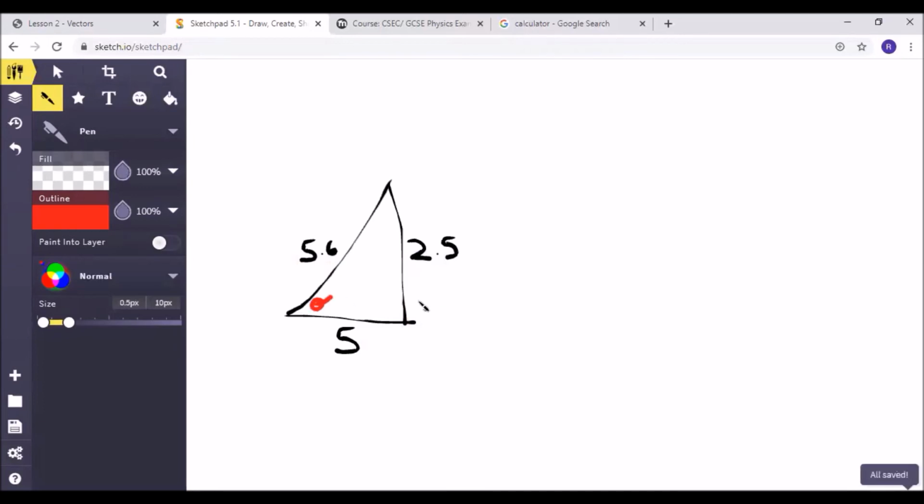So when using trigonometry, we use the values of the sides, the lengths of the sides that we have available of the triangle.